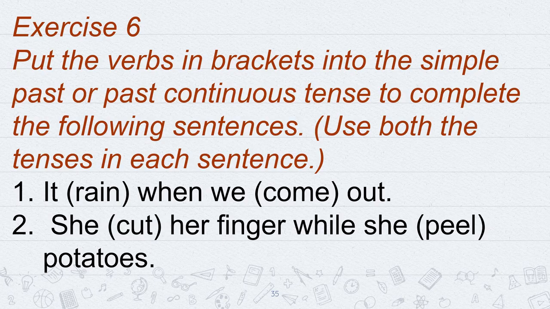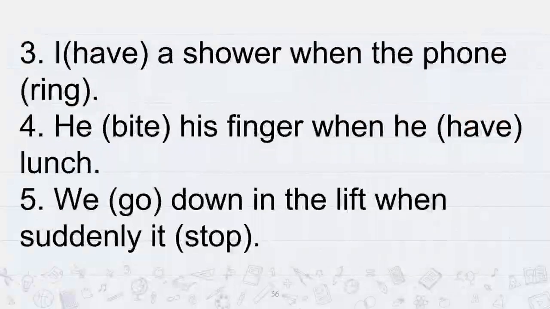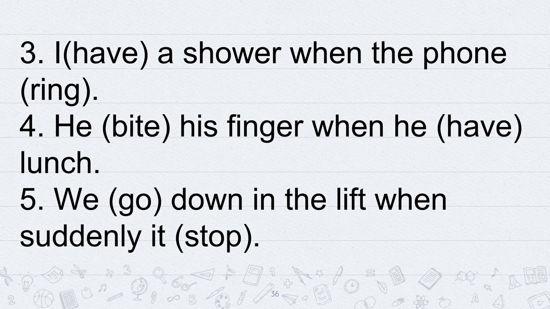Second sentence is: she in bracket cut her finger while she in bracket peel potatoes. The third sentence is: I in bracket have a shower when the phone in bracket ring. Fourth sentence is: he in bracket bite his finger when he in bracket have lunch. Fifth, we in bracket go down in the lift when suddenly it in bracket stop.